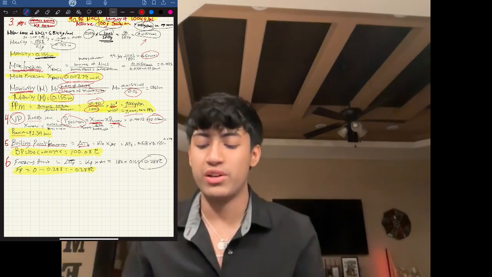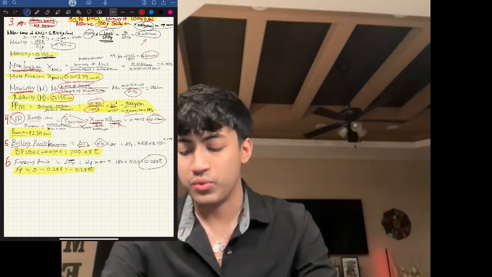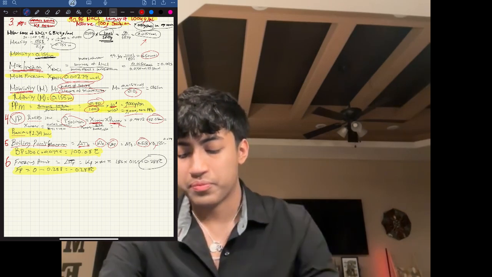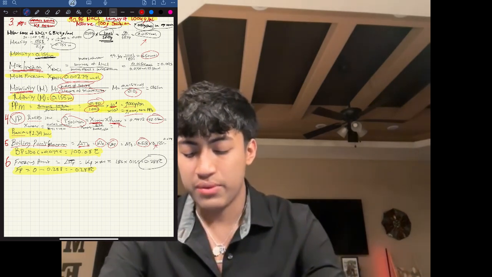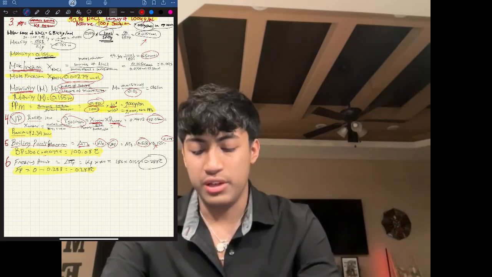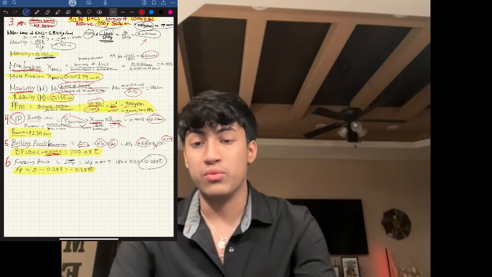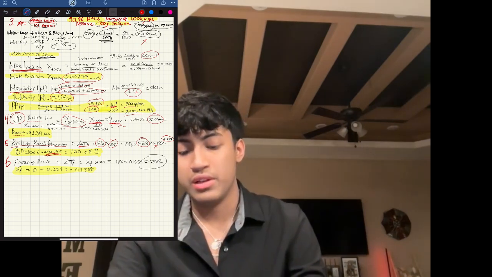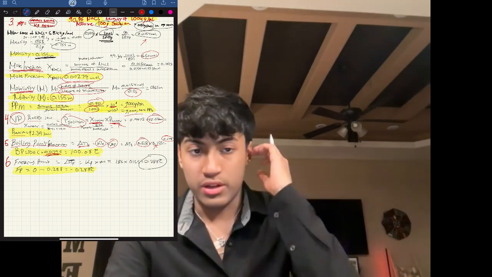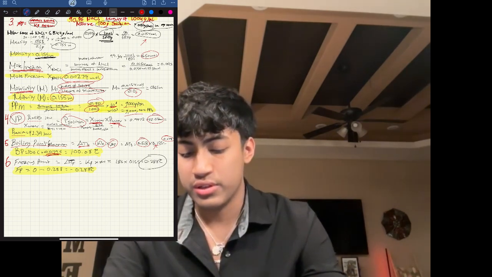So moving on, we would get to the boiling point elevation, and the equation for that. All right, so moving on to 5 again. Sorry for that cut. We're looking for the boiling point elevation. So the equation for that would be delta TB equals the boiling point elevation constant, which is actually a given here, times the molality of the solution.